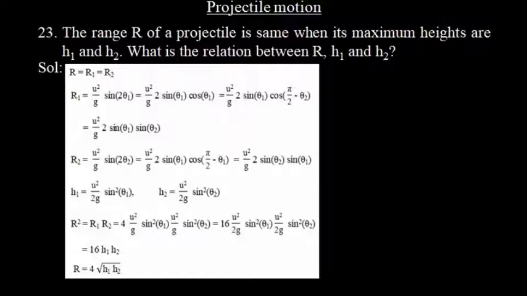It becomes 16 for the first one, U square by 2G sin square theta 1, we write H1. Similarly for the second one, H2. 16 H1 H2. Then R becomes 4 into root of H1 into H2. Okay, this is the relation between R, H1 and H2.